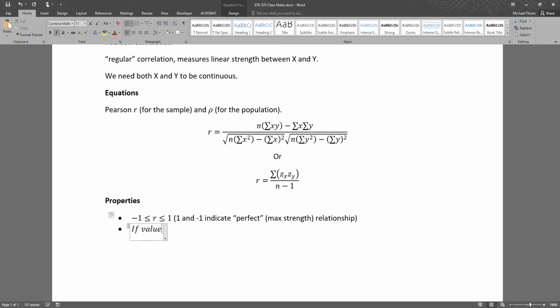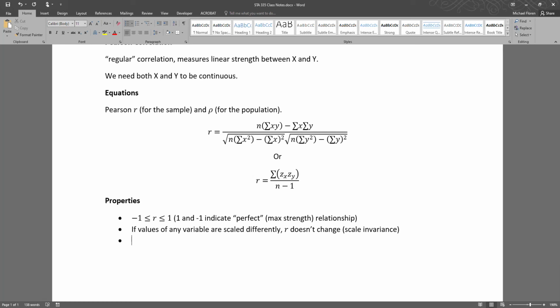If the values of any variable are scaled differently, think of kilometers to meters, different scales of variables, the Pearson's correlation coefficient doesn't change. This property is called scale invariance and is very handy.